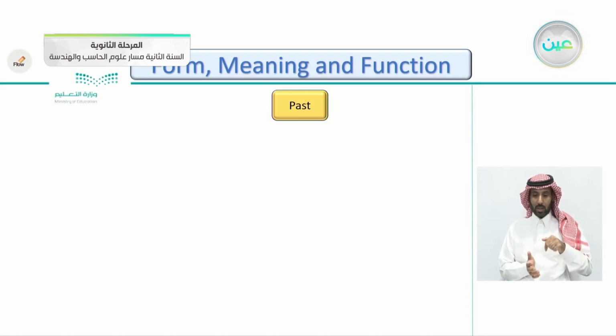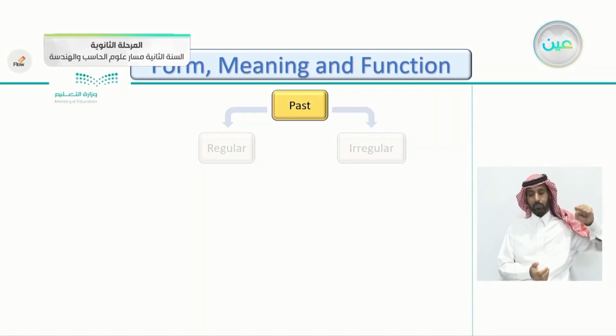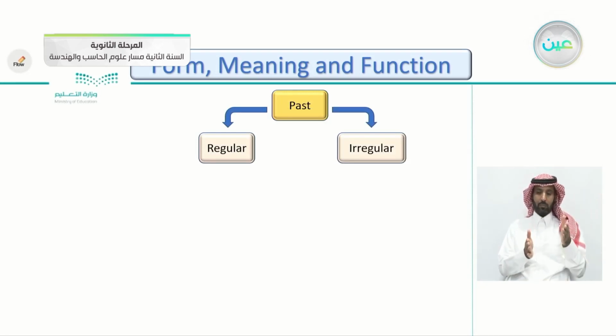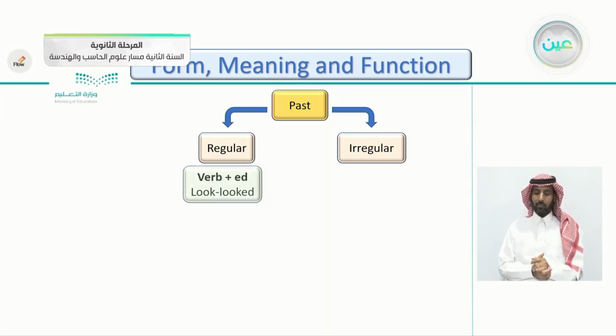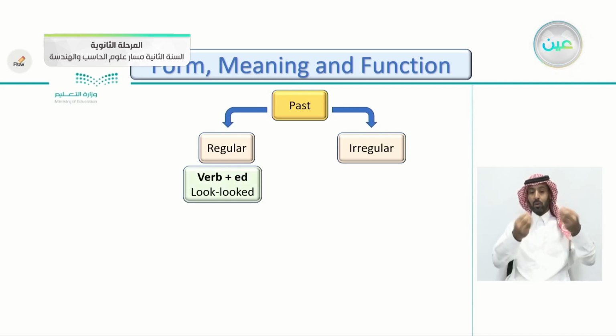So this is the past tense, the verbs in the past tense. We have two ways of writing them and reading them: regular and irregular verbs. Let's take first the regular. The regular verbs are the verbs when you want to make them into a past, you just add ed.